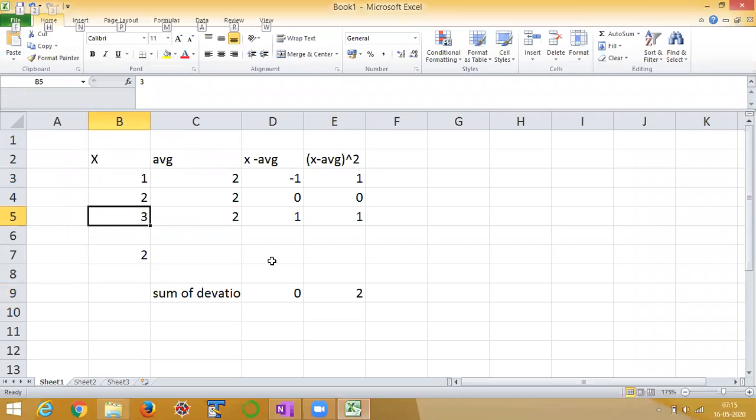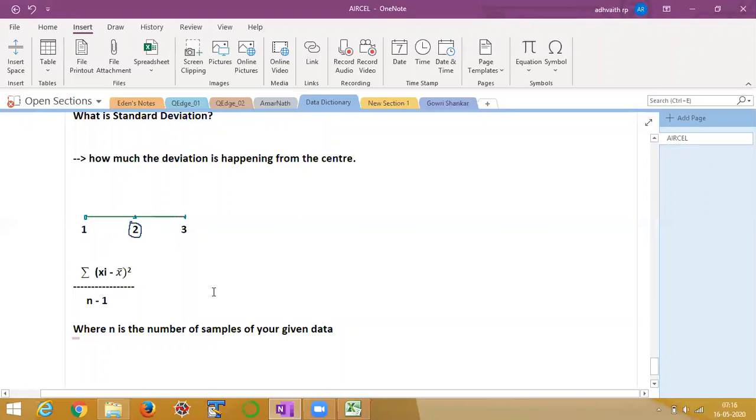Go back. So the numerator value we received is 2, divided by 3 minus 1. 3 minus 1 gives 2. So 2 divided by 2 is 1. That means your variance is 1.